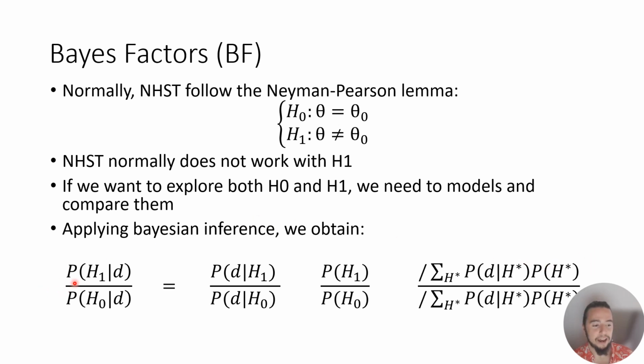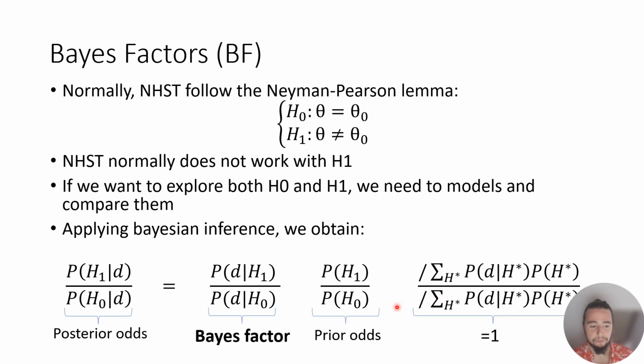But also we can have the posterior distribution of H0, that is the data likelihood under H0 multiplied by the prior of H0, divided by the exact same marginal likelihood of the scenario. Therefore, all of these complicated members will cancel out, so they can be simplified, but also we have very interesting things.